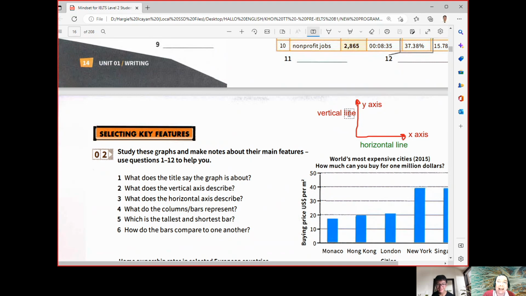The vertical line is represented by the y-axis, and the horizontal line is represented by the x-axis. The line pointing up is vertical, and the straight line is horizontal.